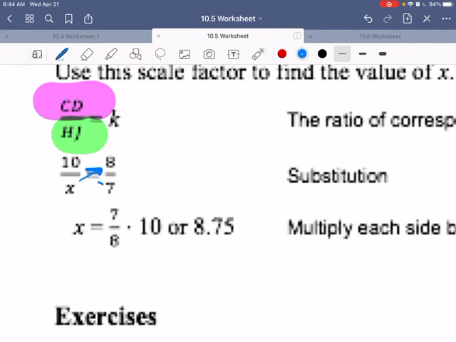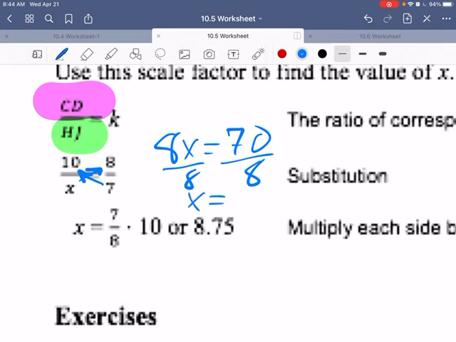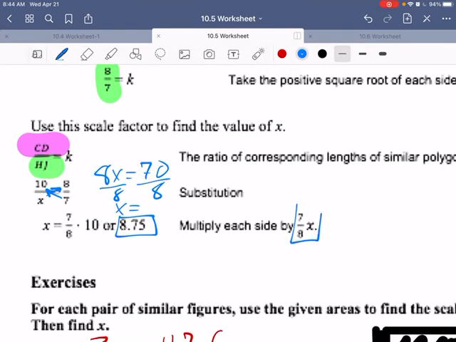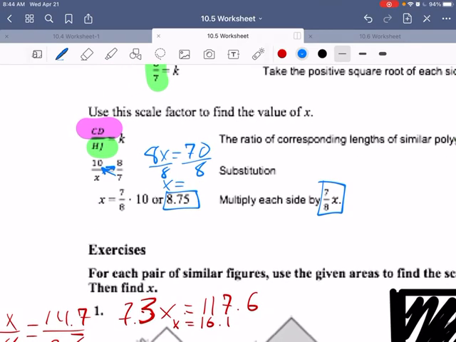You would have 8x equals 70, and then divide both sides by 8, and you'd get that same answer of x equals 8.75. Or you could do kind of like they did, where they just sped it up and multiplied both sides by the reciprocal and x to get x by itself. I kind of like this one right here where we cross multiply. I feel like it makes a little bit more sense, and that's what I did myself.